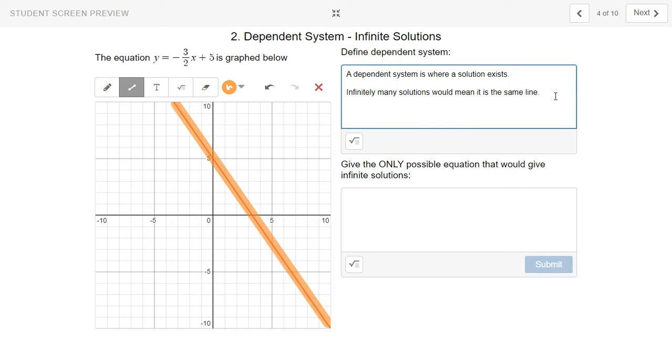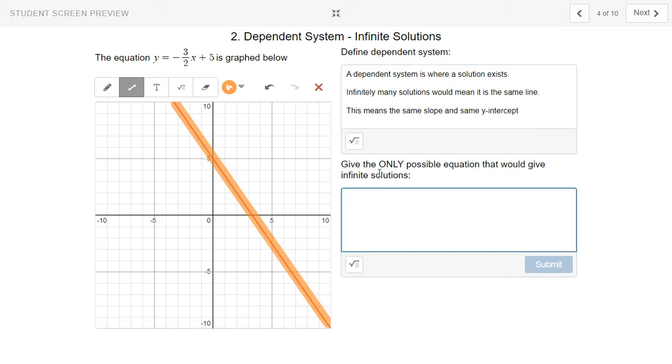If I have exactly the same line, then I have the same slope and I have the same y-intercept. So there's only one possible equation that would give this infinitely many solutions, and it would be exactly the same equation.